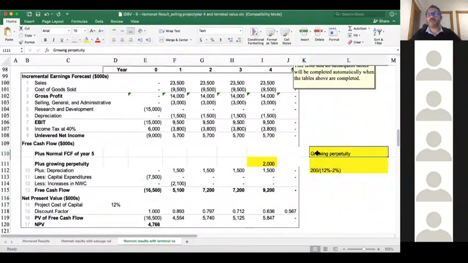Firstly, I calculate the growing perpetuity. The growing perpetuity in year 4 is equal to free cash flow 5 divided by R minus G, right?